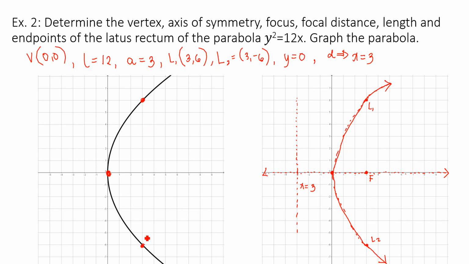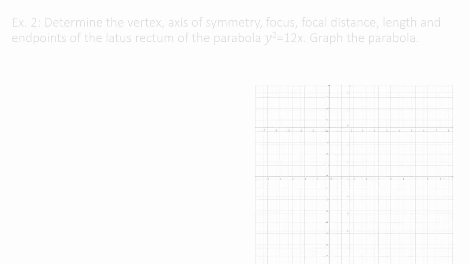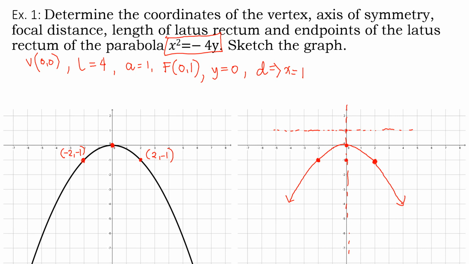I guess I have something wrong with my answer in example number 1. So let's review. The directrix must be y equals 1. Here, let me correct my answer here. Sorry guys.